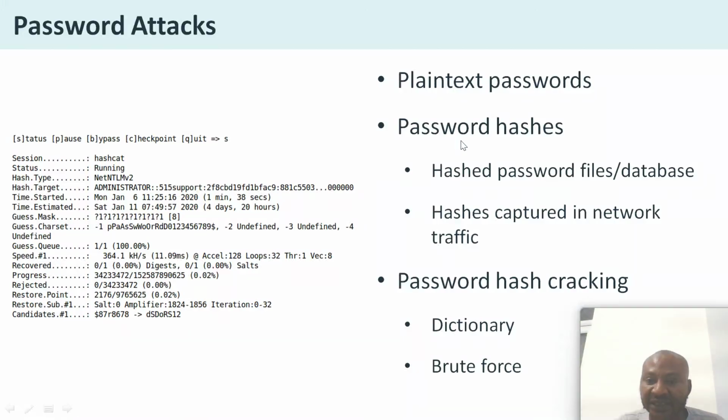Then we have hashes captured in network traffic, like I explained just now. A network administrator can set up a system to capture all the traffic going in the network. A typical example is Wireshark. With Wireshark, if you install it on your network, you will see all the traffic going in and out of the network. You can capture the traffic and analyze it.